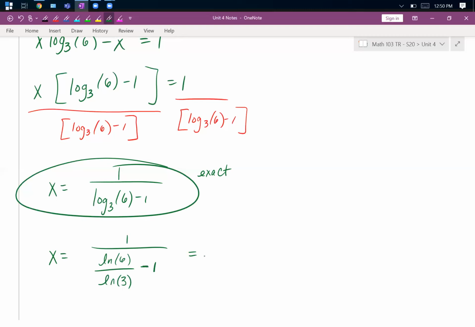Anybody have an answer? I have an answer, but I don't know if I put it in right. Well, that's okay. What'd you get? I got negative 0.492. That does not sound correct to me. So be sure that you put this bottom in parentheses when you type it into your calculator. So try it again.